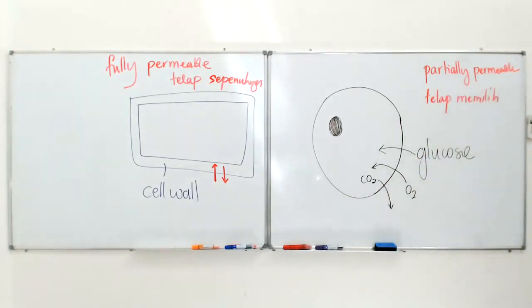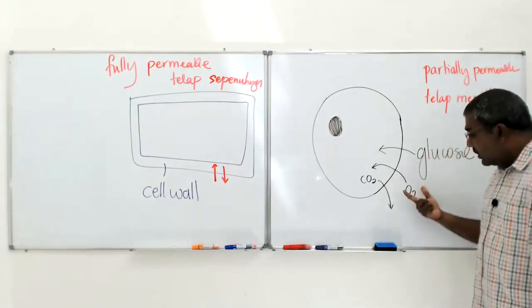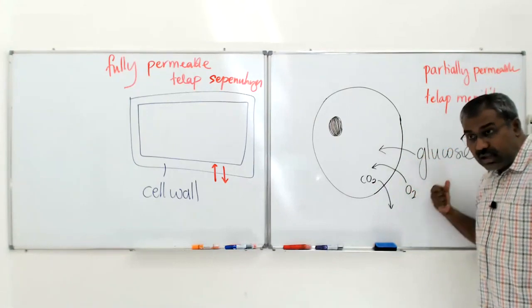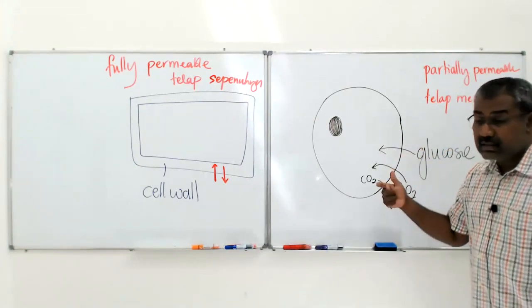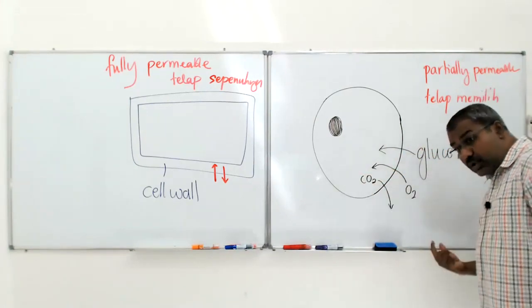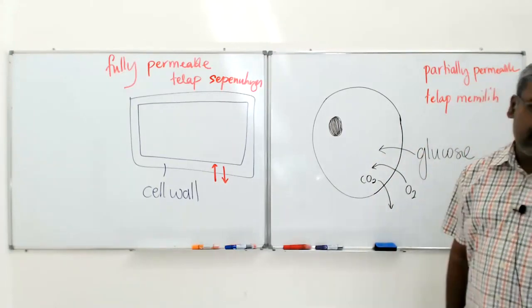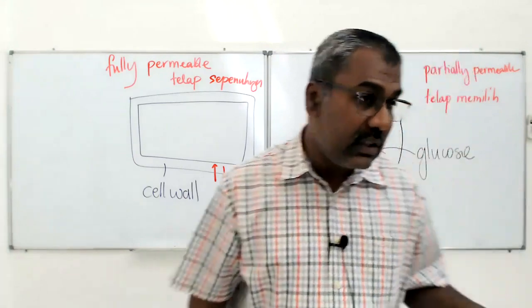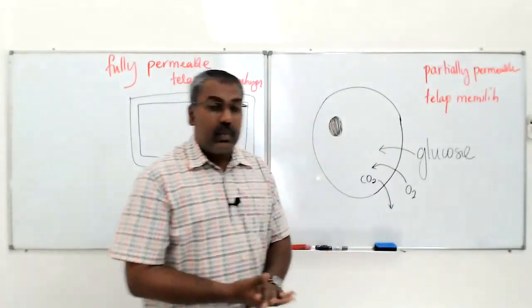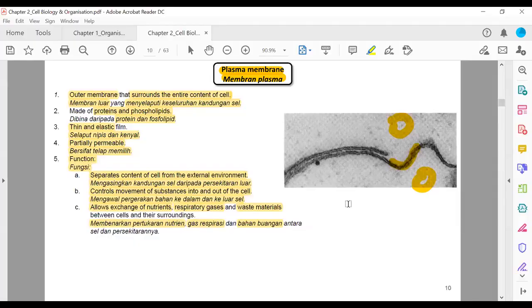This is what plasma membrane allow, membenarkan exchange of nutrients, respiratory gases, as well as waste products in and out of the cell. Membenarkan, allow. Ini fungsi plasma membrane.